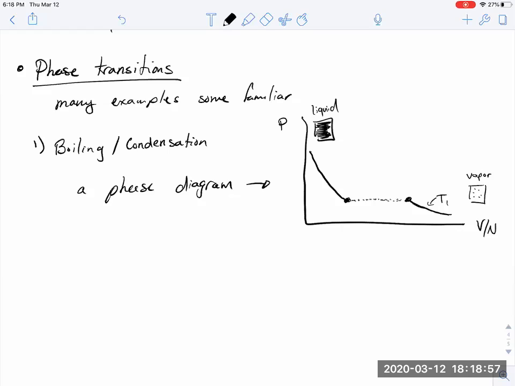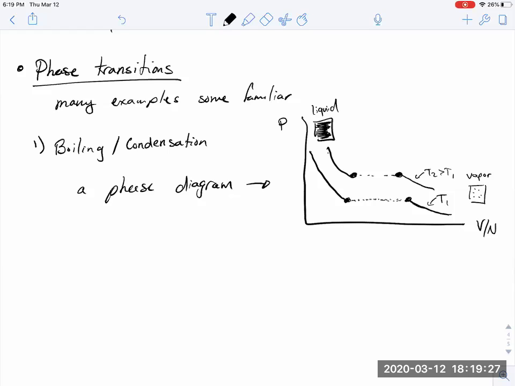Now, if I did that same sort of experiment at a different temperature, I get a similar sort of result. There would be a point at which I'd spontaneously change from a vapor to a liquid, and the liquid becomes much less compressible, meaning the slope of this pressure-volume relationship is steeper. This might be at some T2 greater than T1.